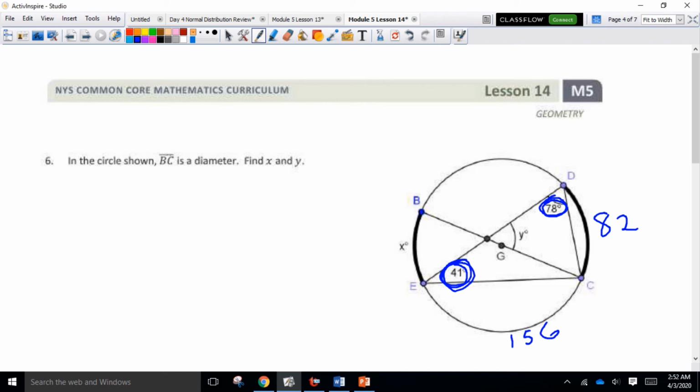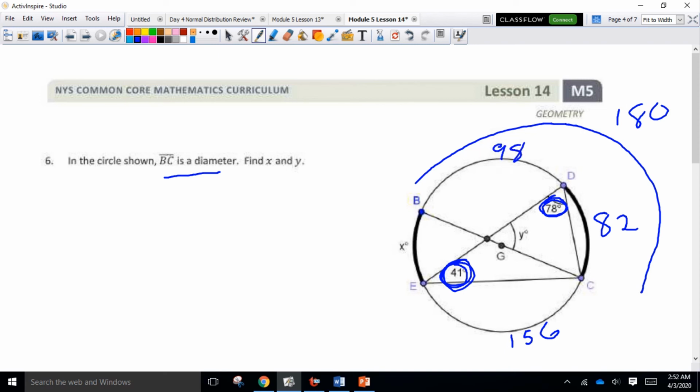Okay. They also told me that BC is a diameter, right? So that means that this whole arc over here is 180. 180 minus 82 is 98. So that makes that 98. So we have almost a whole circle, right? So x is just going to be whatever is left if we add up 98, 82, 156.